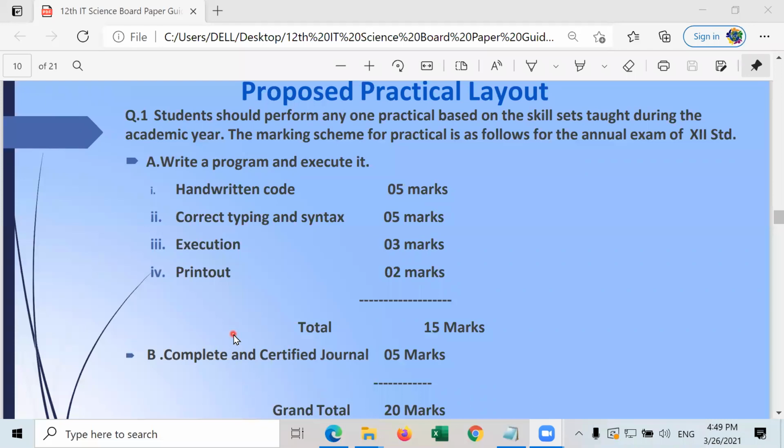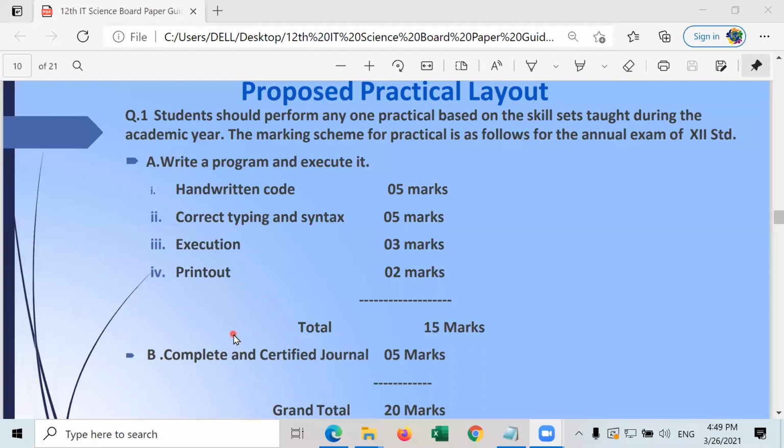We have executed HTML programs, JavaScript programs, and PHP programs. So we have studied three skill sets this year: HTML is the first skill set, JavaScript is the second, and PHP is the third. So your practical slip will contain two programs from two skill sets.